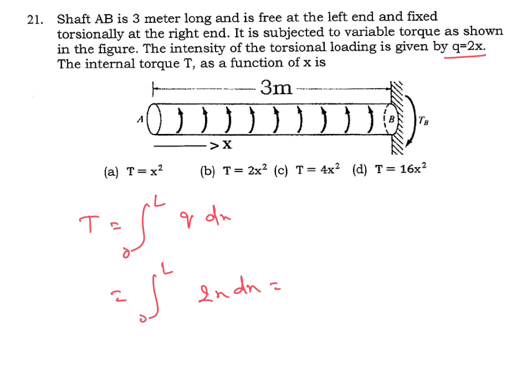So take the constant outside: x square by 2, 0 to L. So it's only x square, or L square. Option is A.